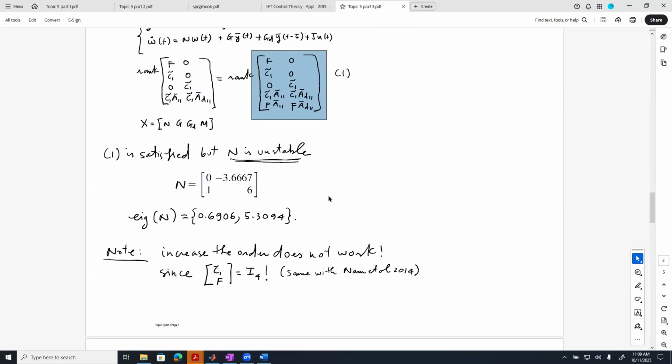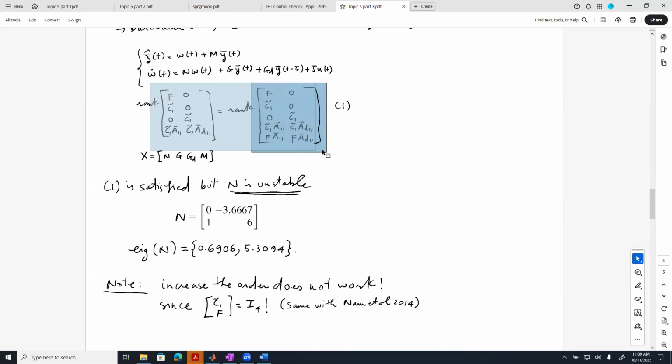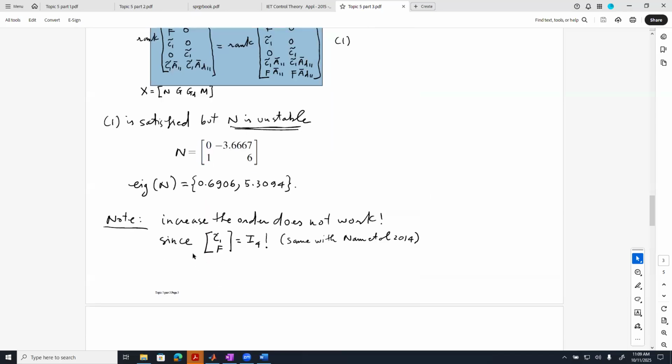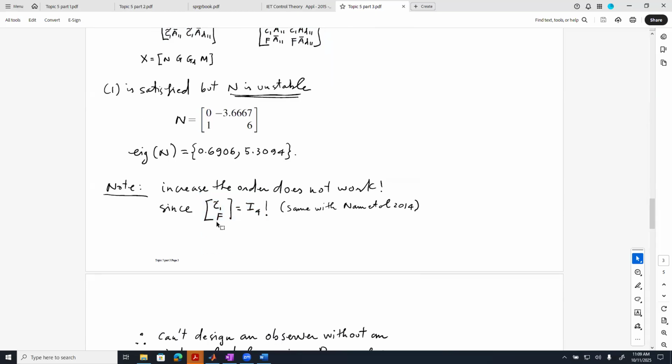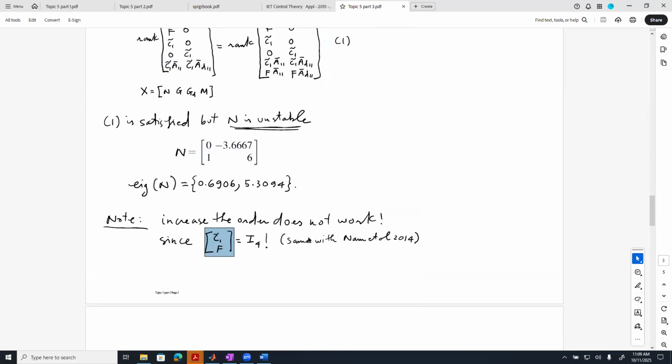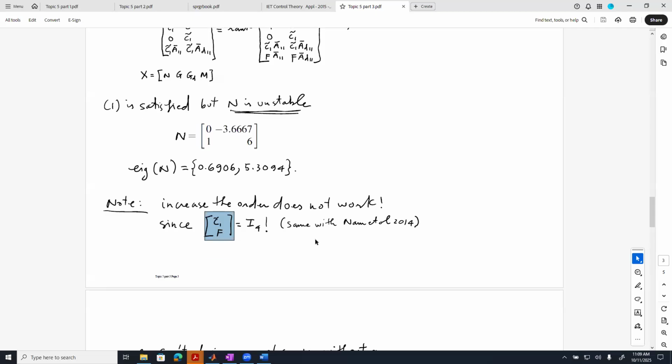But in this situation, because this condition is already satisfied, adding a row does not provide any extra degree of freedom in this condition. If we want to estimate an extra functional, that extra functional is basically just a linear combination of the existing original functional and the output measurement. That is where the problem is. So if we increase the order, it doesn't work.